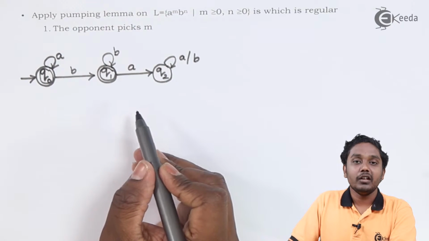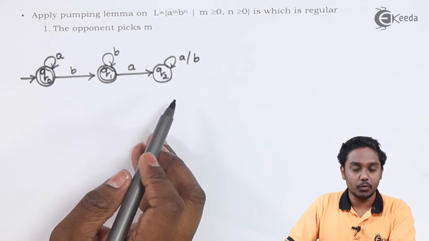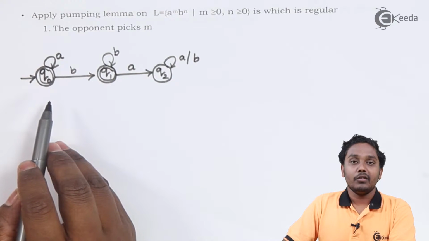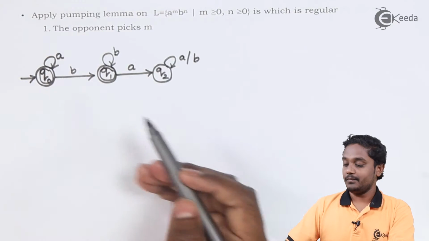As you can see in the given automata, there are three states Q0, Q1, Q2. This automata will accept the set of all strings such that 0 or more a's are followed by 0 or more b's.